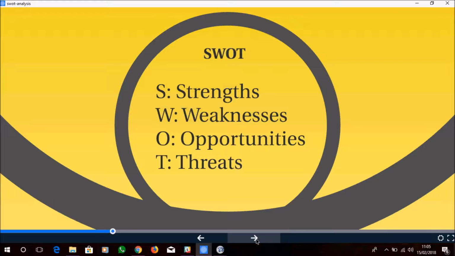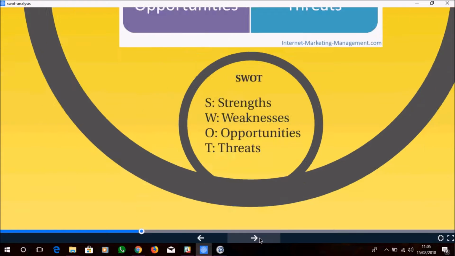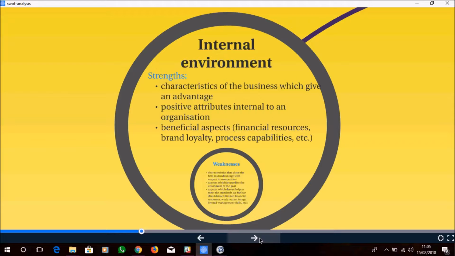The first two elements come from the internal environment of the business, while the last two come from the situational analysis of the external environment. In the following two slides, we will see them more closely divided per internal and external environment.